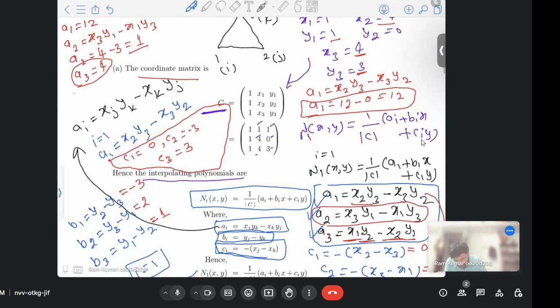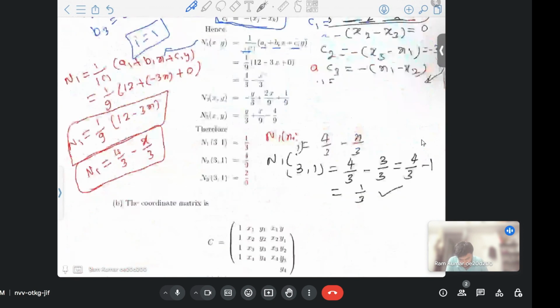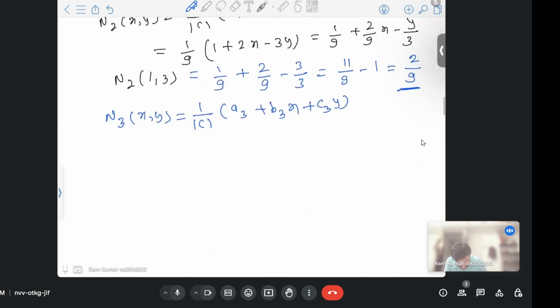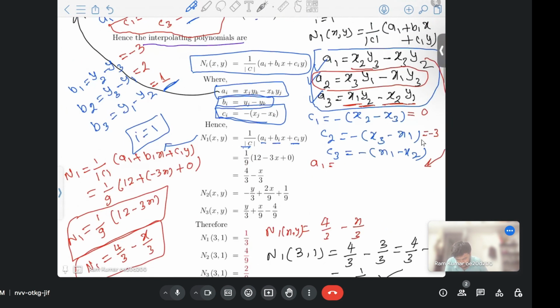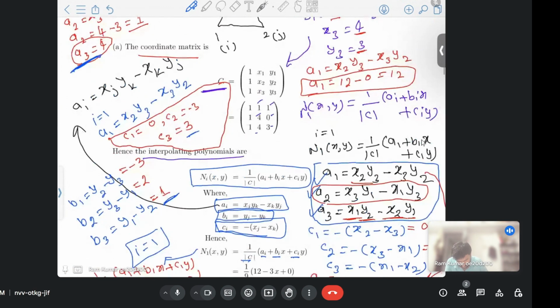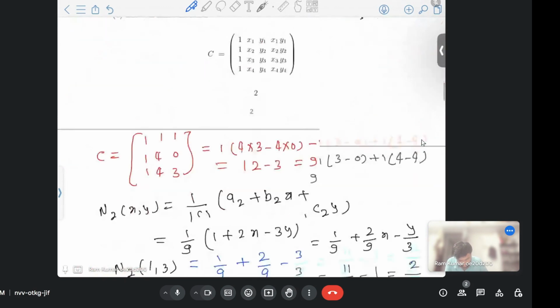So a3 equal to 4, b3 equal to 1, and c3 equal to 3. Okay. A3 4, b3 1, c3 equal to 3.